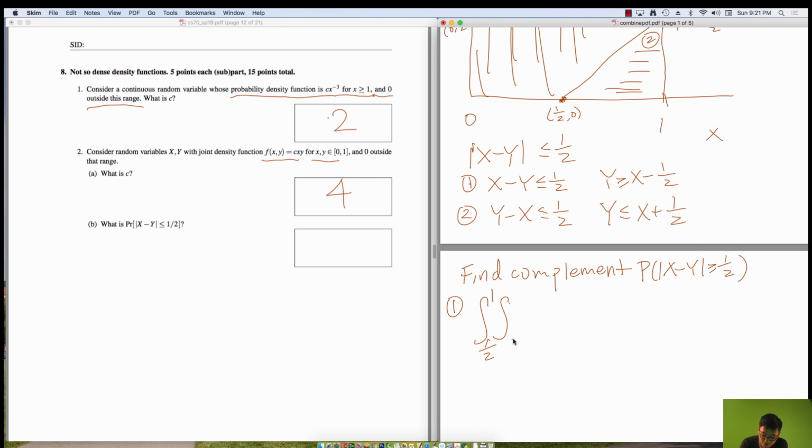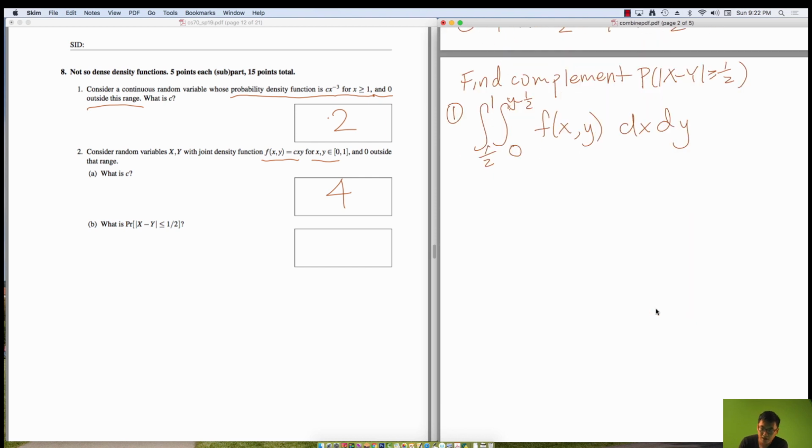So x will range from 0 to y minus a half, and I integrate over the joint density dx dy. So I know the joint density is 4xy, and so I can start integrating.